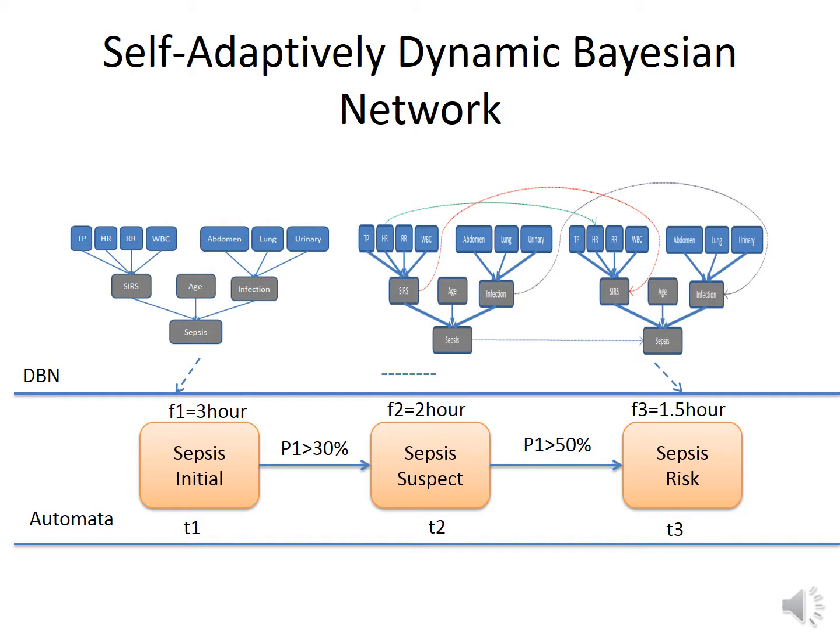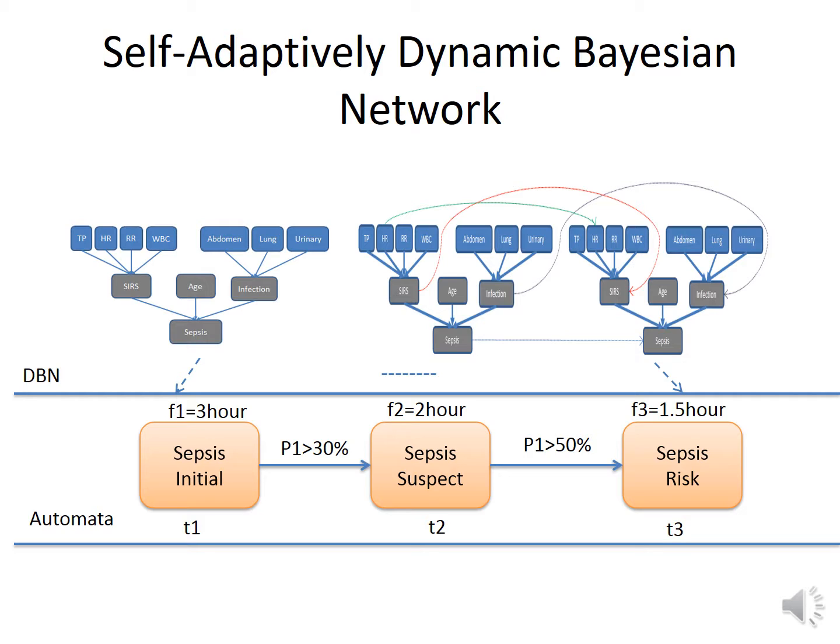After we construct the dynamic Bayesian network, we will extend the concept to a self-adaptive dynamic Bayesian network. As the word means, self-adaptive means that the dynamic Bayesian network will extend itself according to the sepsis patient status. For different states, the dynamic Bayesian network will unroll itself or reconstruct itself.